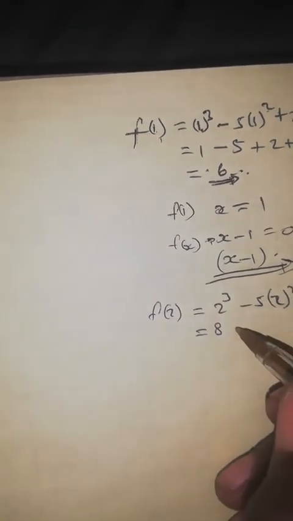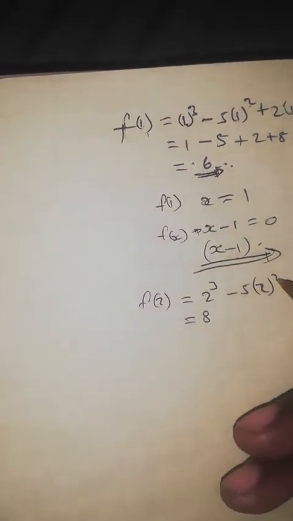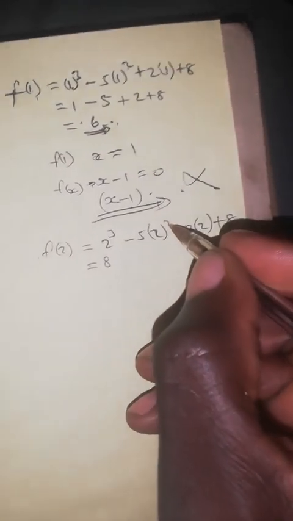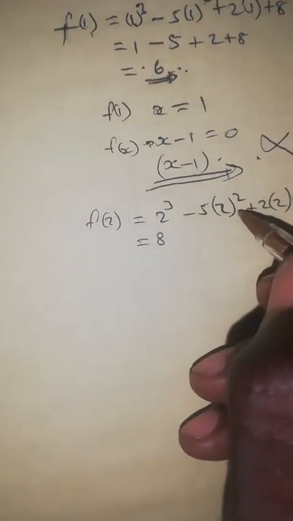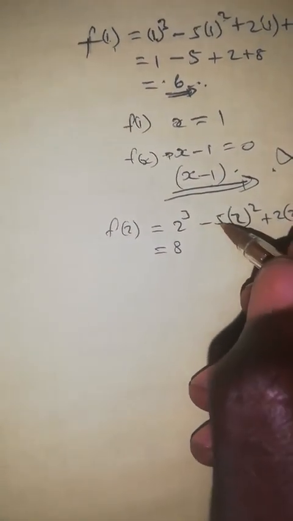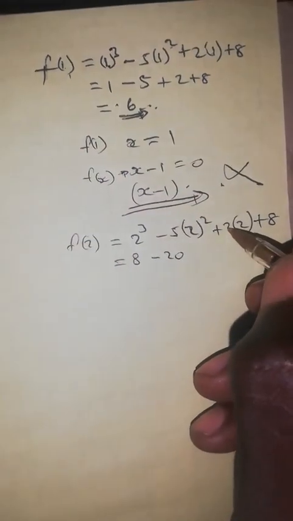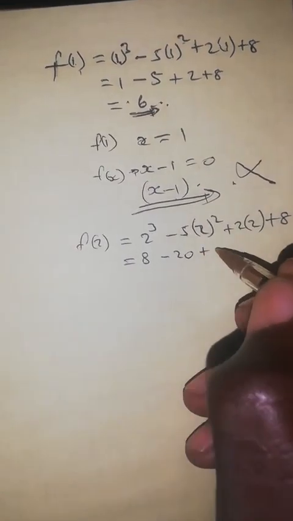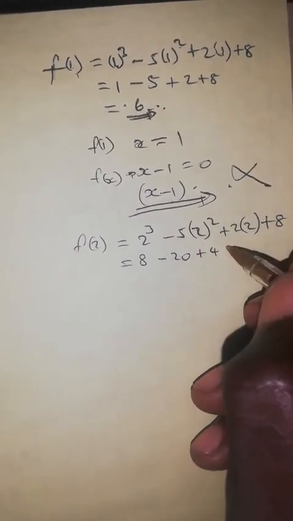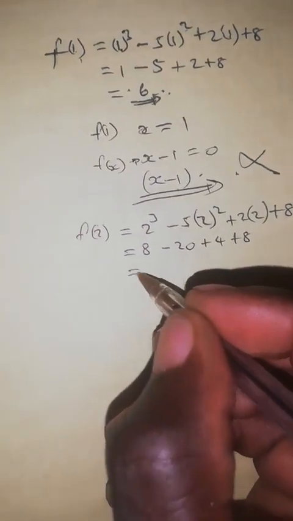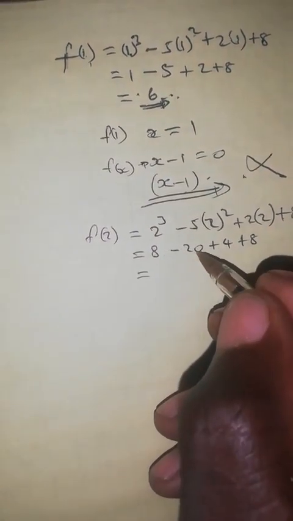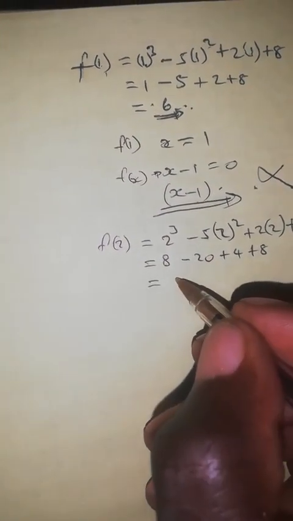It's 2 times 2 times 2. Then 2 squared is 4. Then 4 times minus 5, it's minus 20. Then 2 times 2, it's plus 4, plus 8, which is equals to 8 minus 20, guys, it's minus 16.